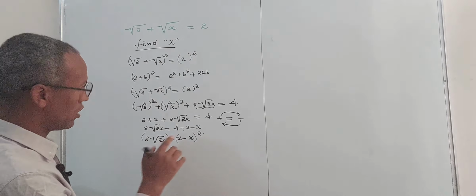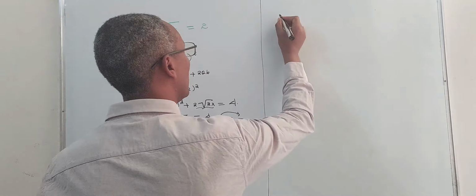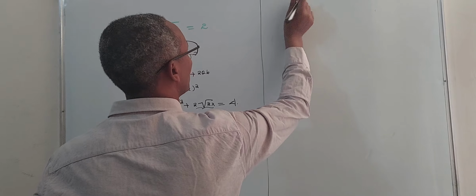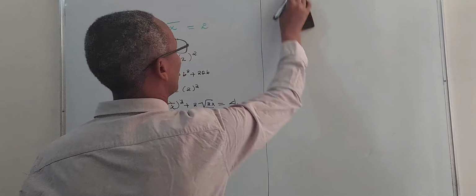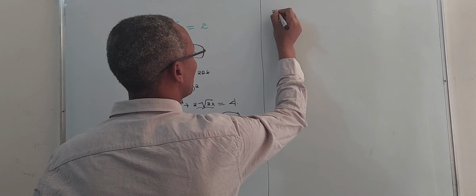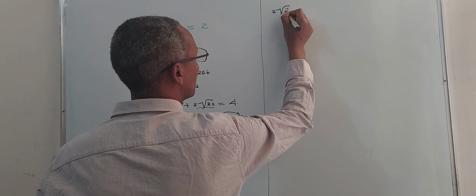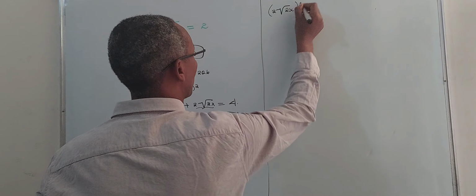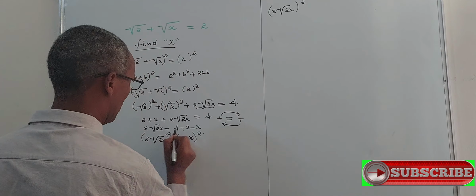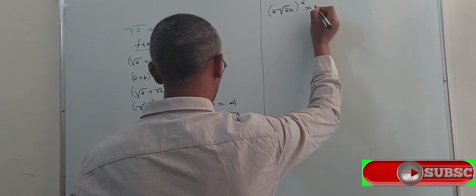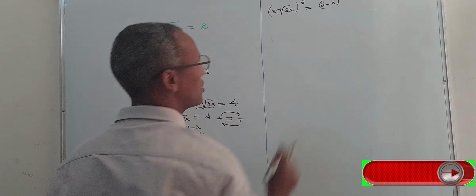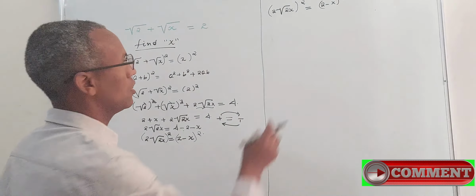Now what you get is 2 square root of 2x. Let me write this over here: (2 square root of 2x) the whole square is equal to (2 minus x) the whole square.